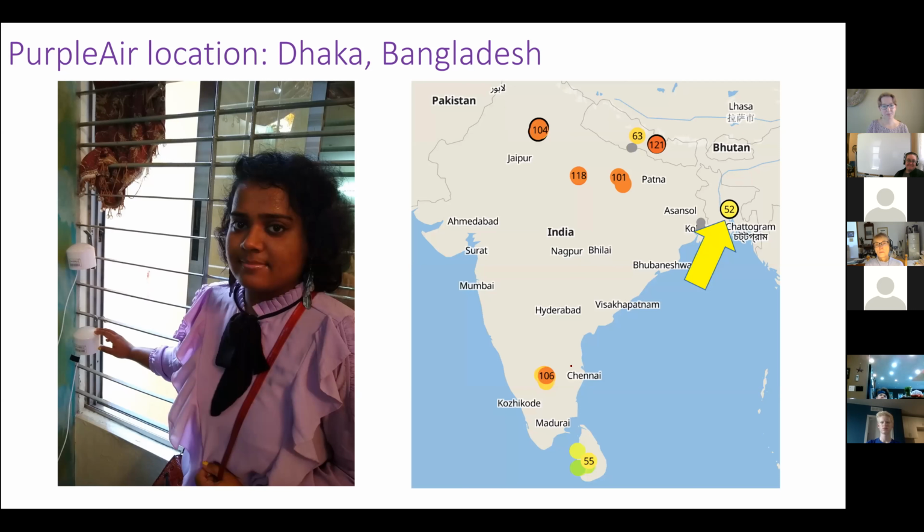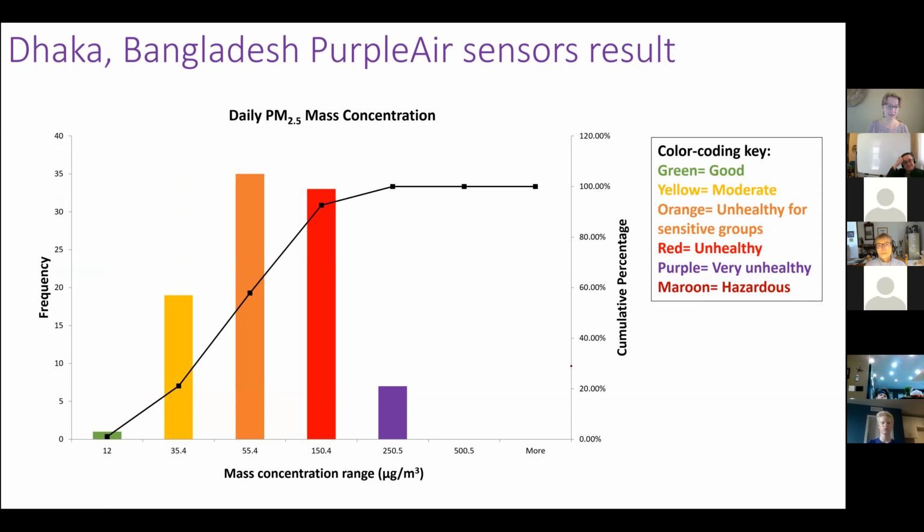And this is a really important place to be monitoring particulate matter because Dhaka is known to have some of the most elevated PM levels in the world, to the extent that studies suspect that people lose years of their lives by living in this place with such elevated PM levels. And when we analyze the data, we do see really elevated PM levels. So here we see that the vast majority of days fall into the category of either unhealthy for sensitive groups or just plain unhealthy.